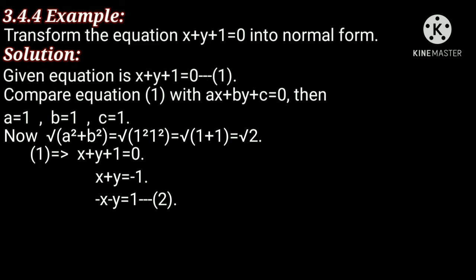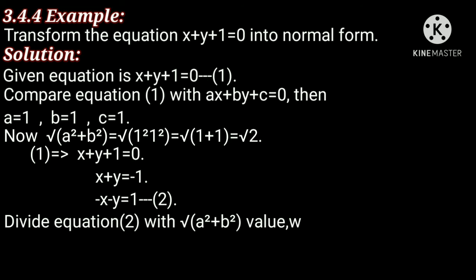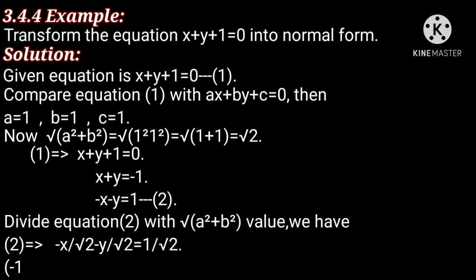This is equation number 2. Divide equation number 2 by the square root of a square plus b square value. Then we have minus x by root 2 minus y by root 2 equal to 1 by root 2. From this minus 1 by root 2 into x plus minus 1 by root 2 into y equal to 1 by root 2. This is equation number 3.